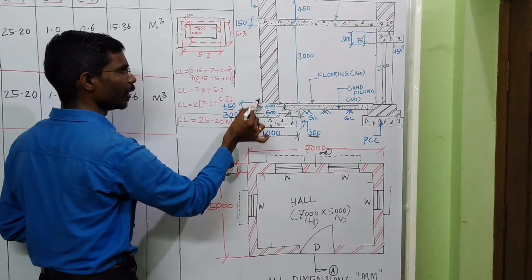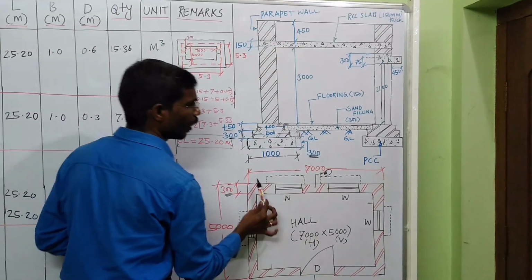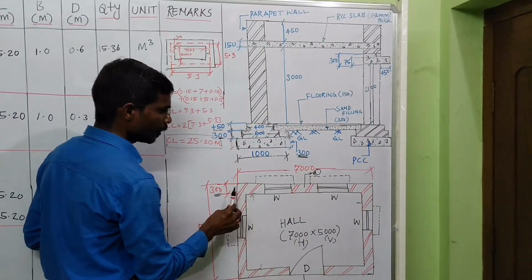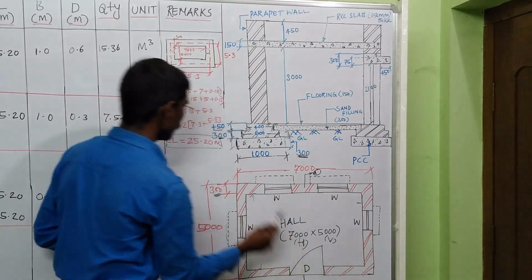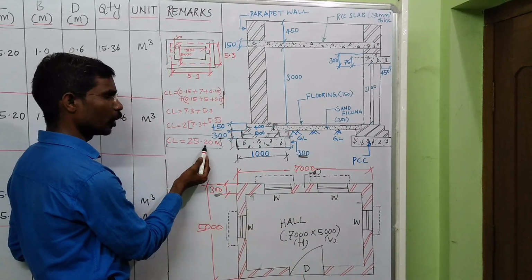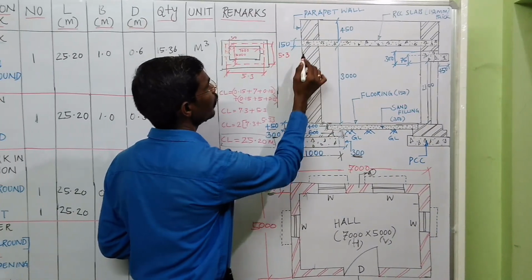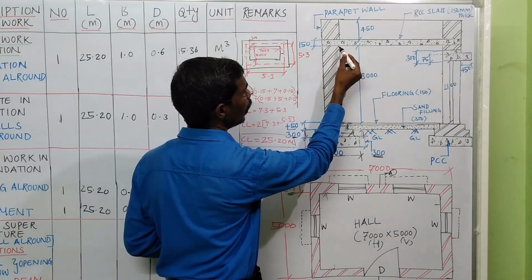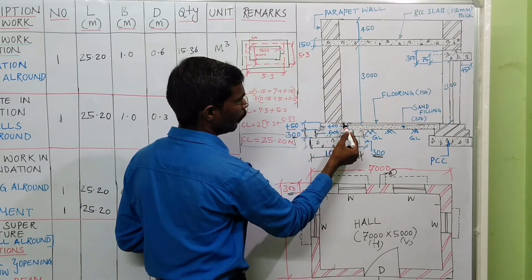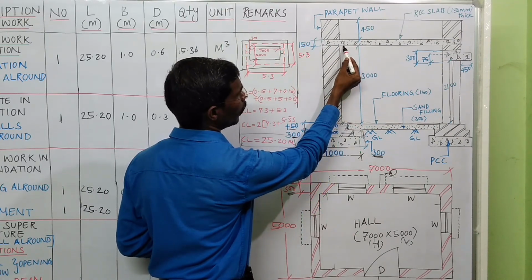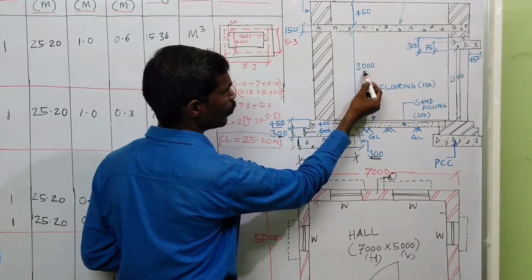The length of the wall is the same, center line 25.2 meter, but the thickness of the wall is 300 mm. The total height from basement up to bottom of floor slab is 3000 mm.